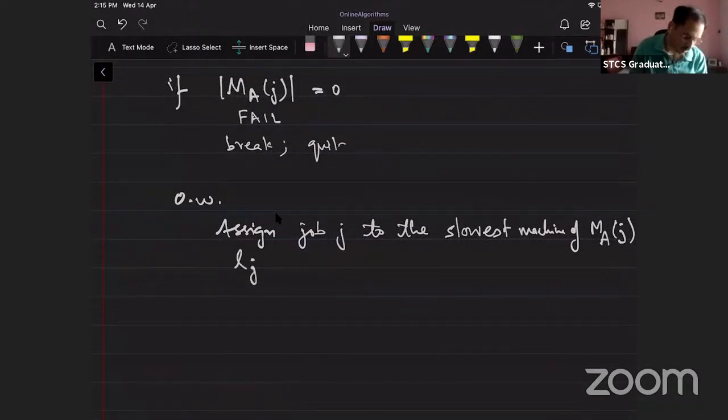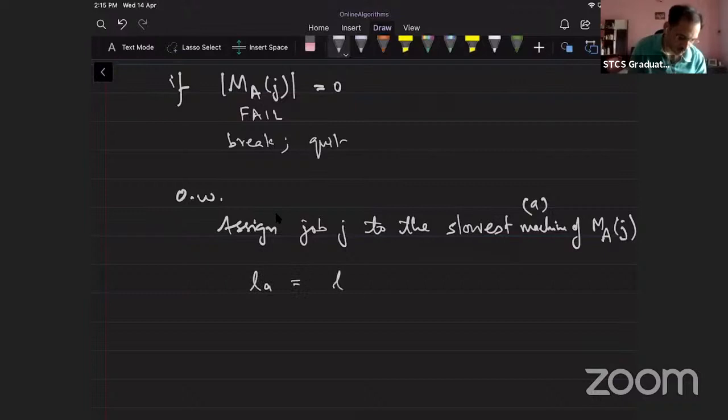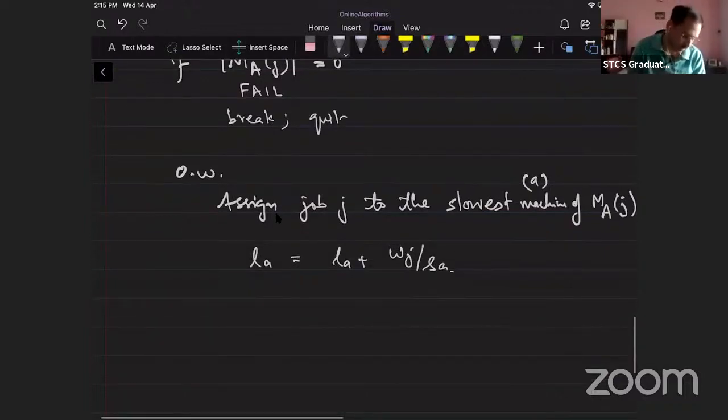Update the load: let the slowest machine be A. Then La is equal to La plus Wj by Sa. And you end your if condition.